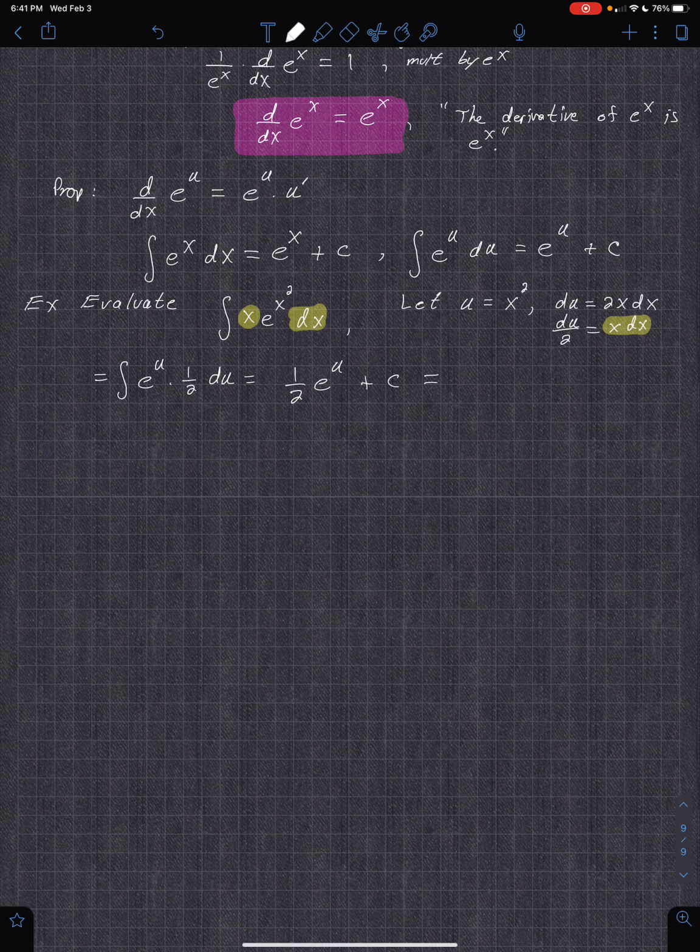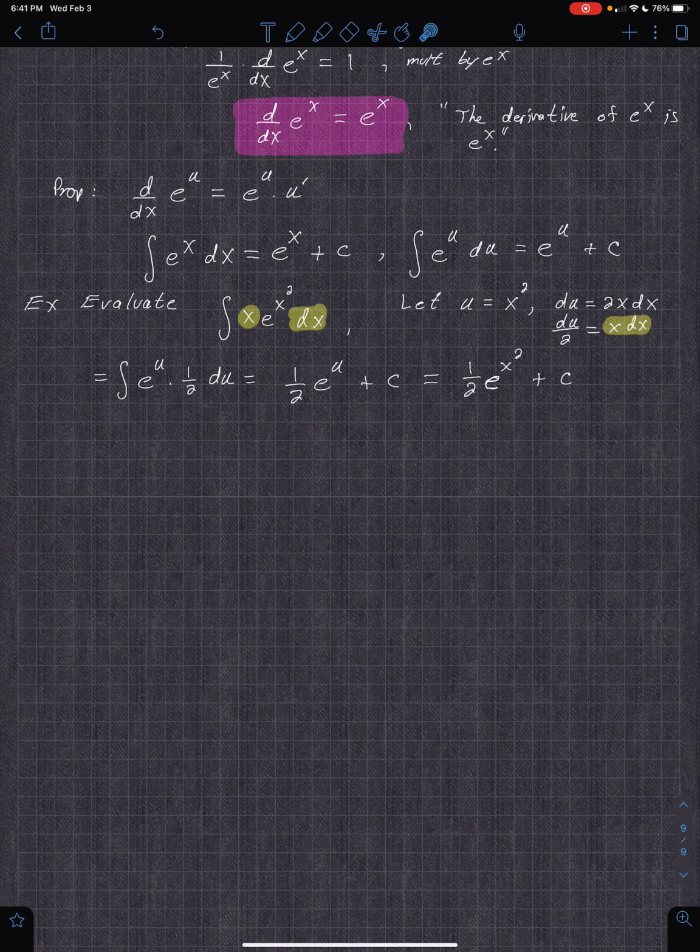And then substitute back: 1/2 e to the x squared plus c. So it's really important that we had this x right here, because if you don't, then there isn't an explicit form for the antiderivative.